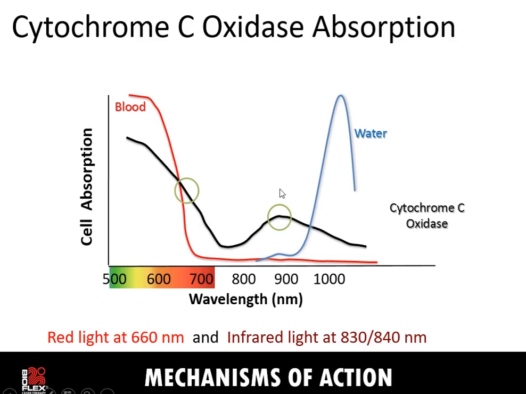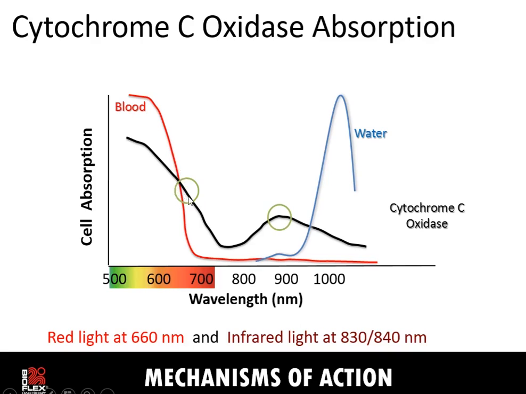Those wavelengths are the ones that we target with our therapy, which is roughly 660 nanometers and about 830, 840 nanometers. The idea here is to minimize absorption by water and to minimize excessive absorption by blood. Now, there will be some absorption by blood for sure, especially in the wavelengths around 660 or so.